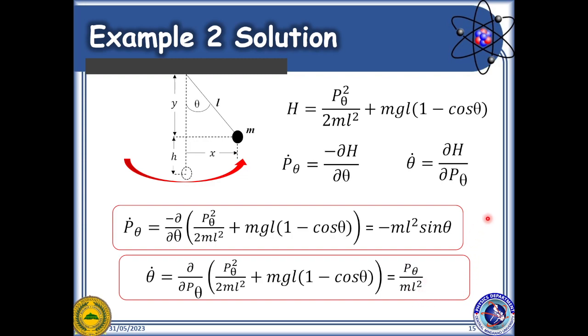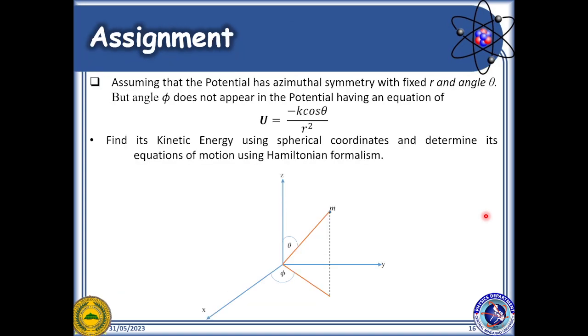That's it. Hope you understand these two basic examples. For further understanding of the Hamiltonian formalism, you can solve this problem as your assignment and pass it during our lecture time.